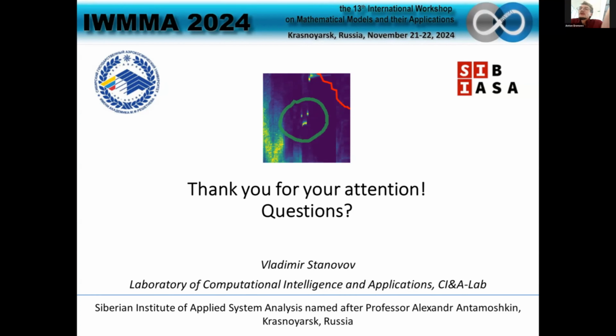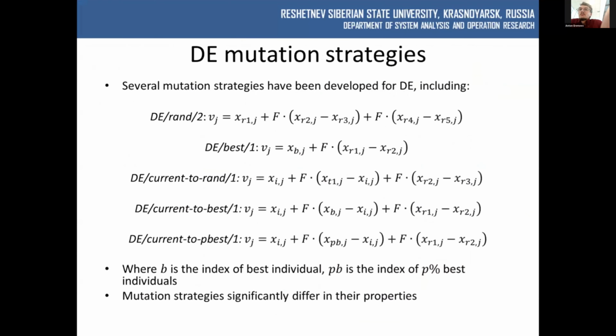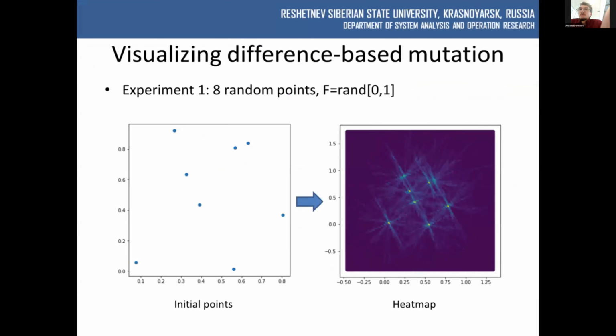I'm sorry, my question is not about the distances, but about the linear subspaces. Even if you set F greater than 1, you would not be able to leave the current linear subspace which is embedding your population. The current population may be embedded into some linear subspace of the search space. Yeah, you're referring to this picture probably?